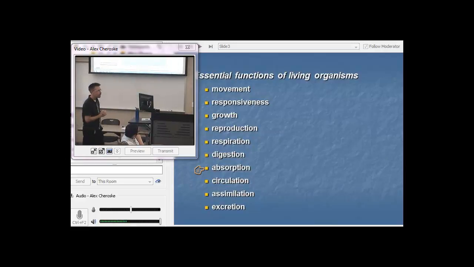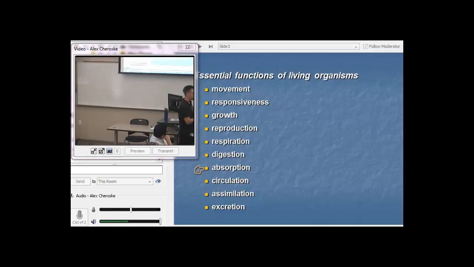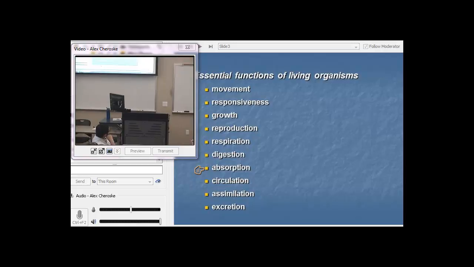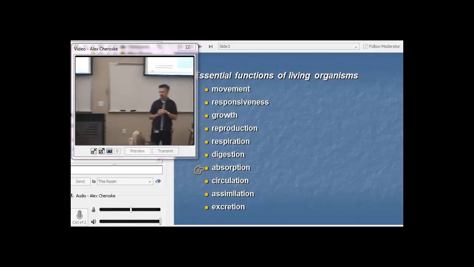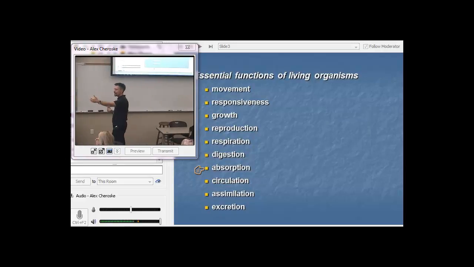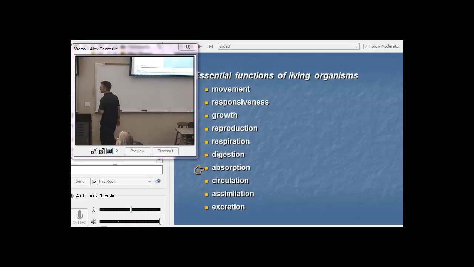It's one thing to be a cell sitting in a solution that has lots of oxygen and nutrients floating around you. It's another thing if you can't get to it. It's like being on the other side of the candy store window in an ice cream store. You're like, oh, it's there, I can't get it, right? So it's one thing for it to be there, but you've got to be able to get it inside in order to get a benefit from it.